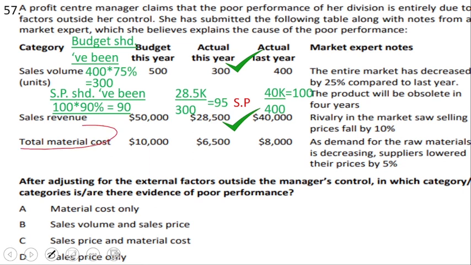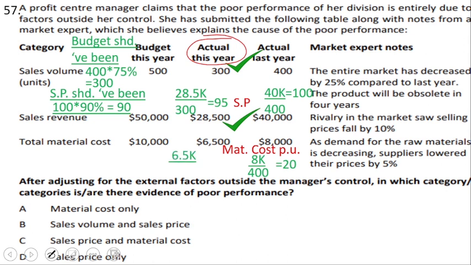Now coming to the total material cost. As demand for the raw materials is decreasing, suppliers lowered their prices by 5%. Okay, so the material cost per unit should have come down. So last year the material cost was $8,000 for 400 units. So what's the material cost per unit? It's $8,000 divided by 400 units, or the material cost was $20 per unit. And what was the actuals?